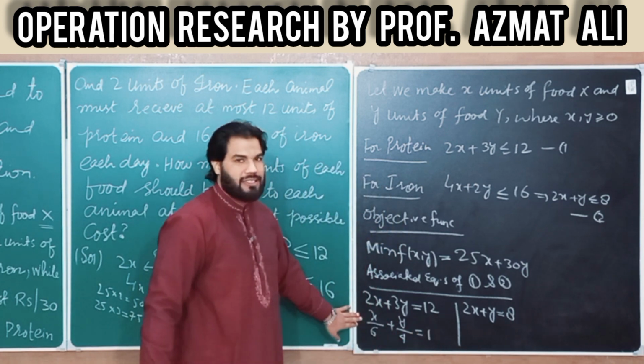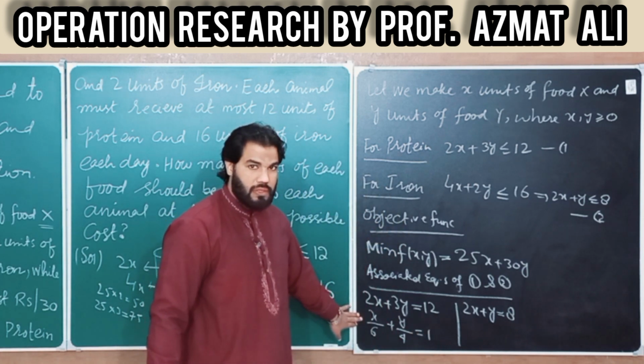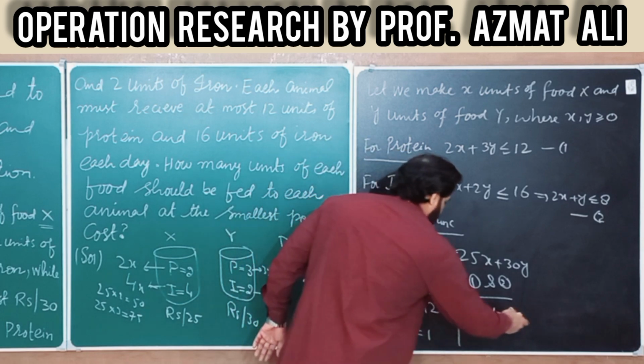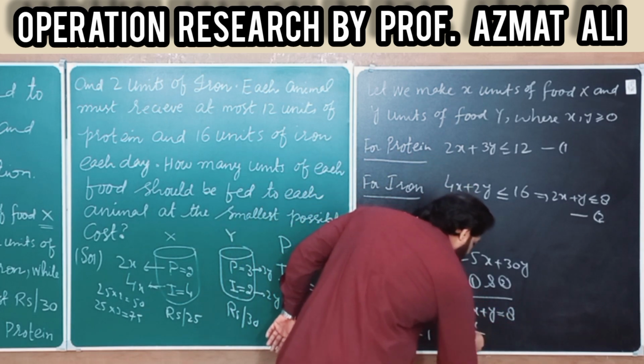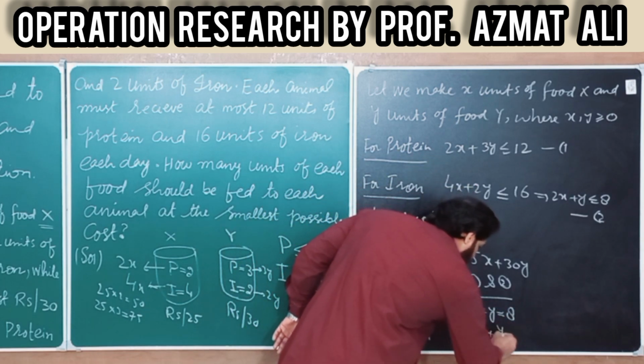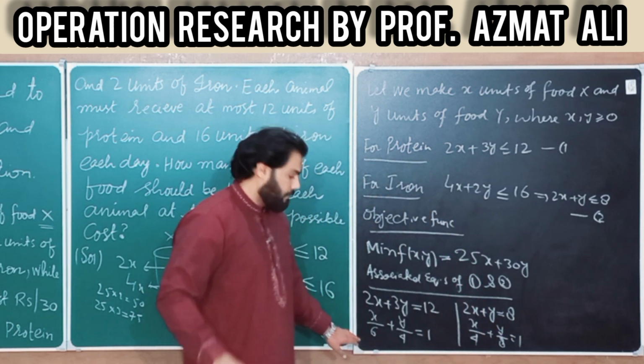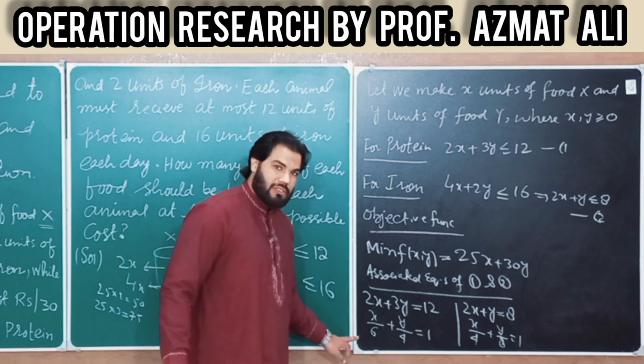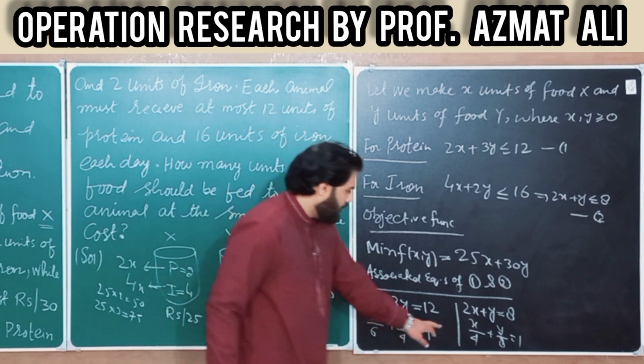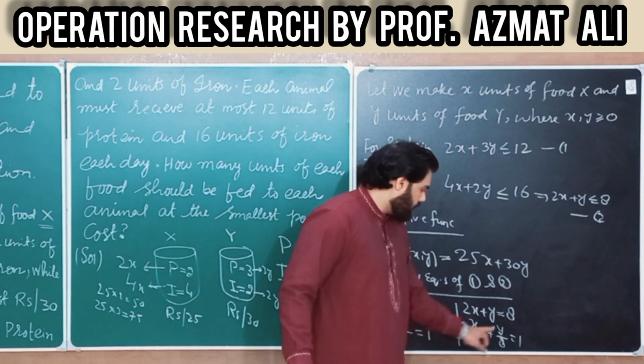This is the x-intercept and y-intercept form. In the similar way, by dividing by 8 on both sides, this becomes x over 4 plus y over 8 equal to 1. So for the first, x-intercept is 6, y-intercept is 4, and for the second, x-intercept is 4 and y-intercept is 8.